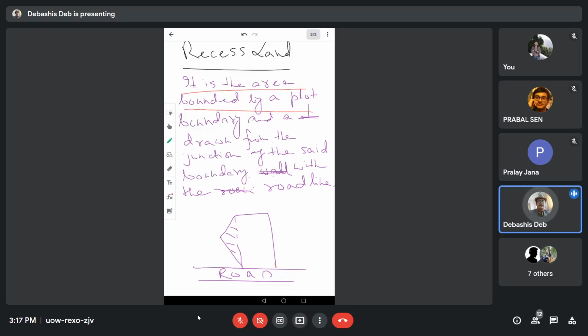Definitely, the plot boundary is this plot boundary, and a perpendicular drawn. If I draw this perpendicular, this is the boundary. No need of drawing perpendicular. So I can draw perpendicular from here or from here. Perpendicular drawn from the junction of the said boundary with the road line.